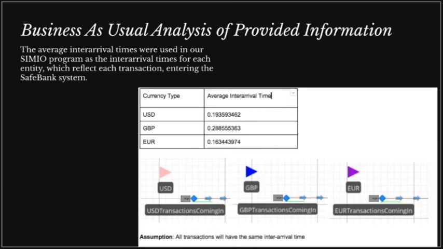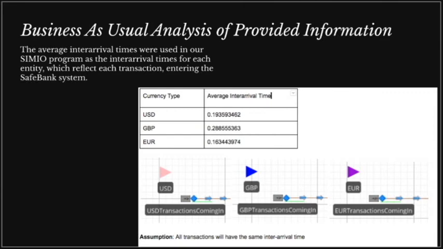When calculating the interarrival times for the currency types, we decided to determine the average interarrival times pertaining to each currency from the data provided, and then apply those interarrival times to our SIMIO model. We made the assumption that every currency type would have the same interarrival time as the average interarrival time determined in our Excel file.